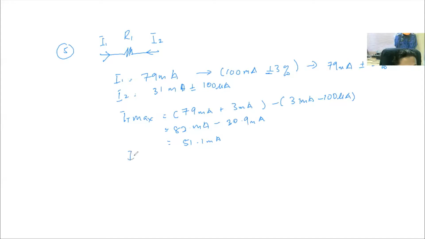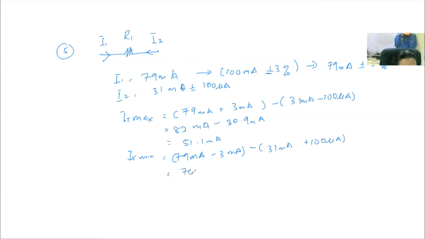So the current IT minimum is 79 milliamps minus 3 milliamps, minus 31 milliamp plus 100 microamp.